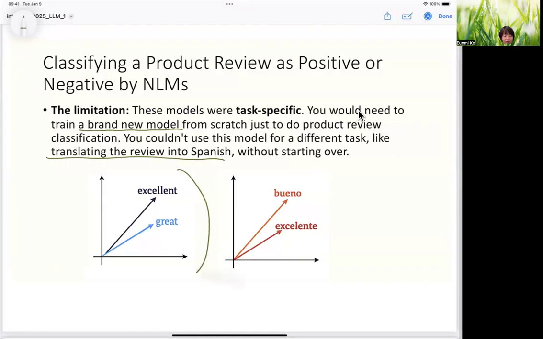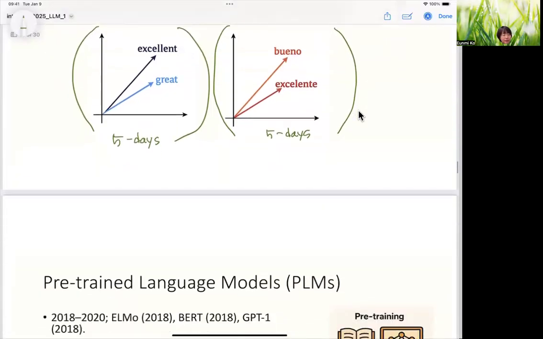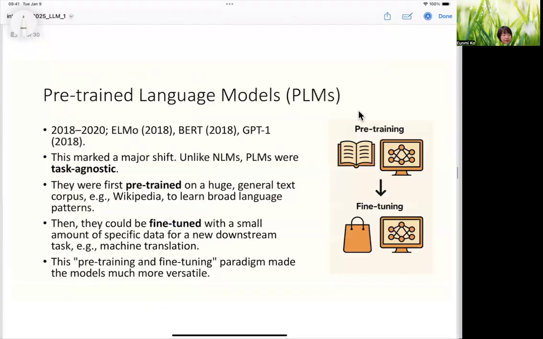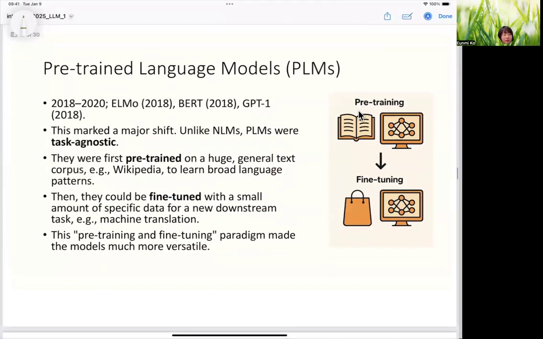You need about 5 days of training for these models, and then for translation of the reviews, you need another 5 days of training from scratch. That's the limitation.